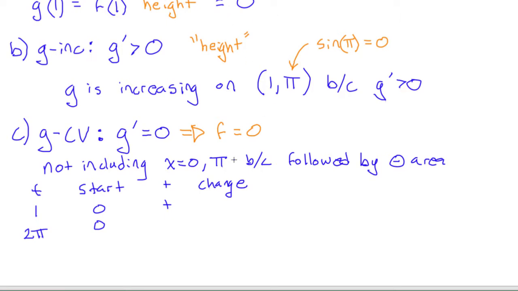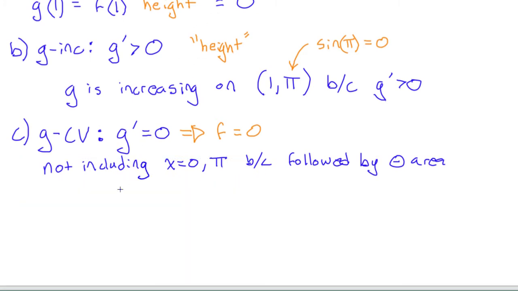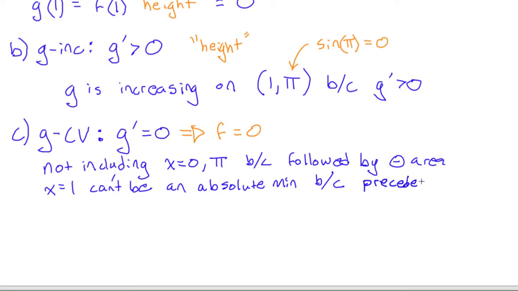If you want to leave it on the table, you can, but I think it's faster to say also not including x equals 1, because it can't be an absolute minimum, because preceded by positive area.